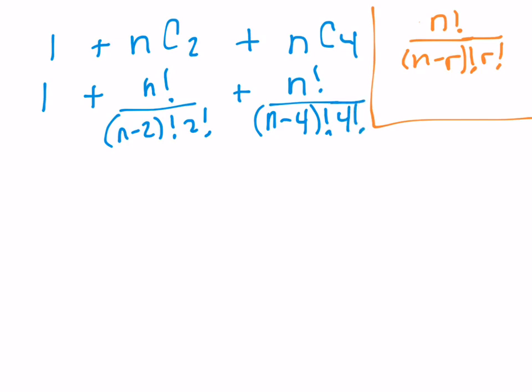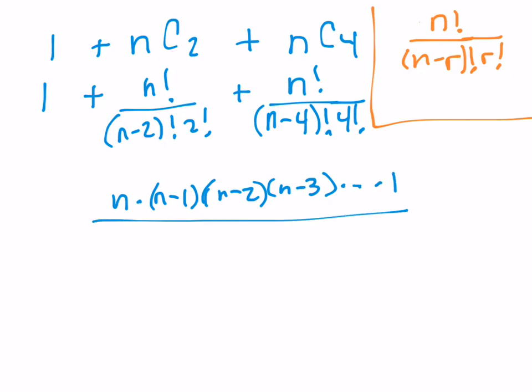Next we want to cancel out any common factors in the numerator and denominator. We've seen a few examples like this before. If you look at this first expression, this is n times n minus 1 times n minus 2 times n minus 3 and so forth all the way down to 1. And in the denominator we have n minus 2 times n minus 3 and so forth all the way down to 1, and then we also have times 2 times 1.